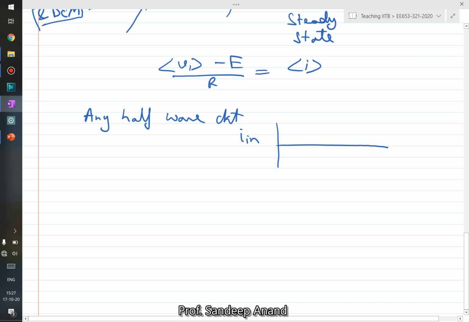Initially the input current, let's say, falls, then it rises, and then again it starts falling at some instant, and this is where you hit pi. And then after that it remains 0 till 2 pi. This is roughly how the input current waveform looks like. Maybe I've not drawn it properly.